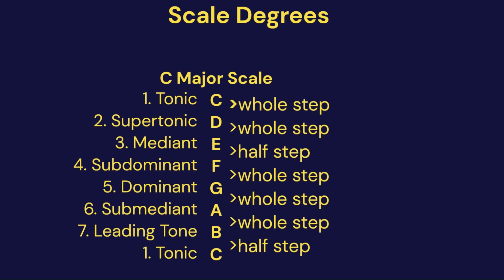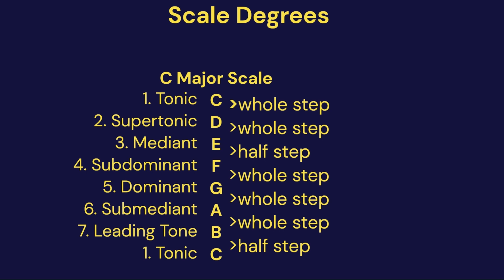In minor key signatures, especially if you're dealing with A natural minor, the seventh scale degree will be subtonic, because it's lowered a half step.